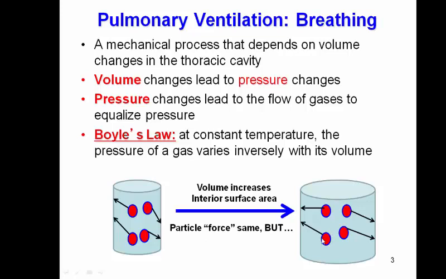So if we focus on the one particle, it's going to exert the same force against this wall as it did prior to the expansion of the container, but the pressure will be much lower, and it's driven by this simple equation: the amount of force, despite the force being the same, if we increase the denominator, which is the internal surface area, the quotient, the pressure, will be much lower.